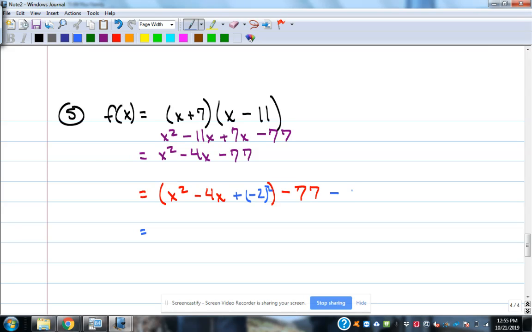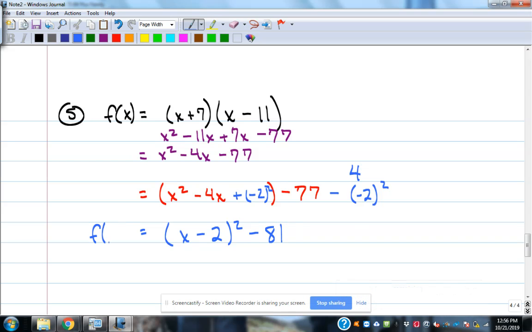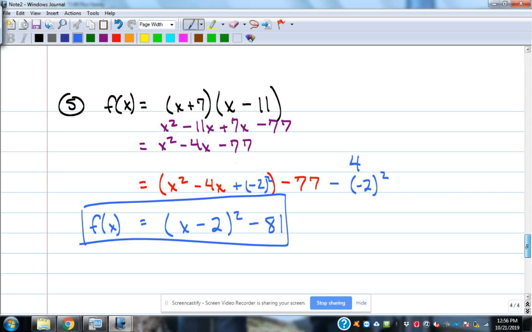On the outside, I'll subtract -2 squared. What's my factored form on the parentheses? x minus 2. And then on the outside, I've got -77 minus 4, which would be -81. There's our vertex form of that.